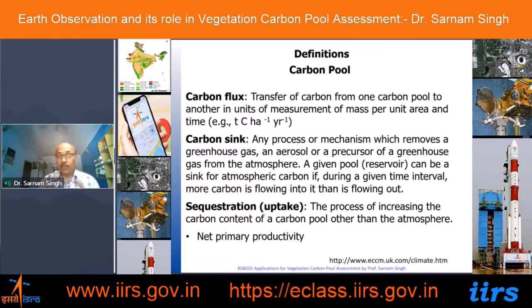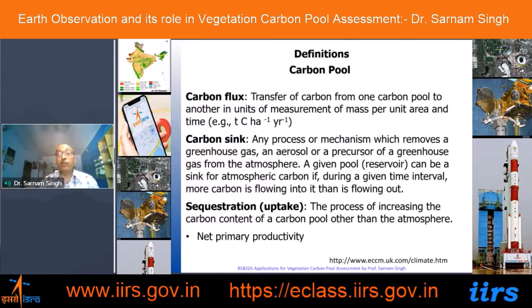So it is stored in the trees or plants, and then it gets released, or it can also be absorbed, so that's the sink part: release and sink. When we talk about flux, we are talking about the movement from one pool to another, and there are units like tons of carbon per hectare per year. That's how we quantify it. Now the carbon sink, but today we are focusing on the vegetation basically.